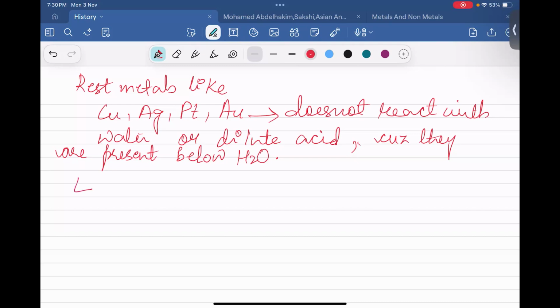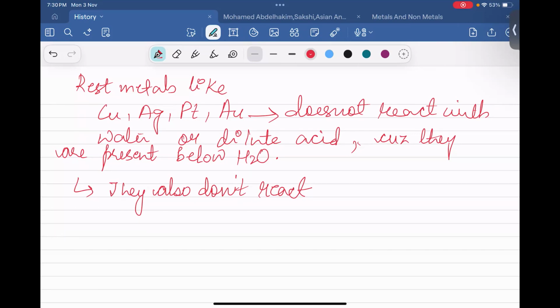Neither do they react with cold water, hot water, or steam. If they are not reacting with water or dilute acid, maybe they react with cold water or hot water or steam?